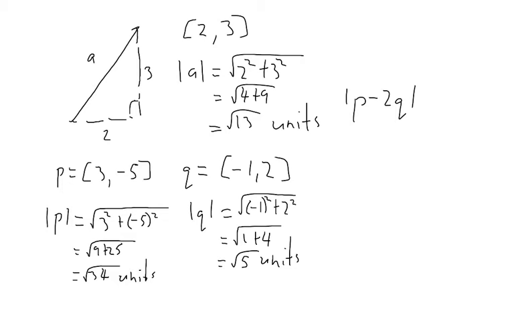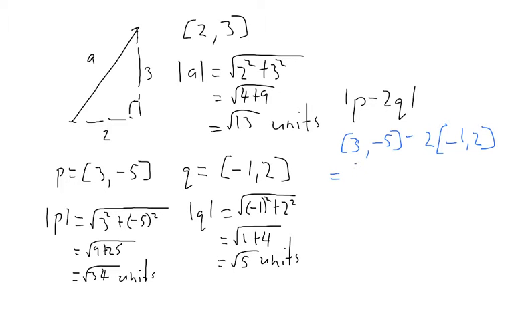So P is (3, -5), take away 2 times Q, which is (-1, 2).